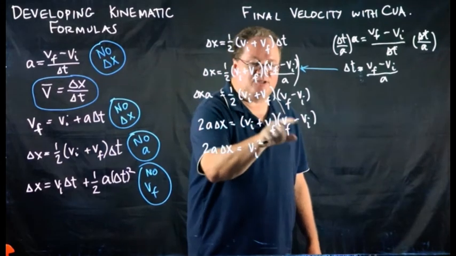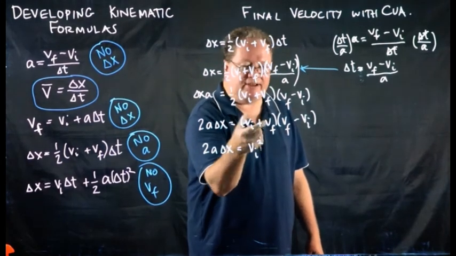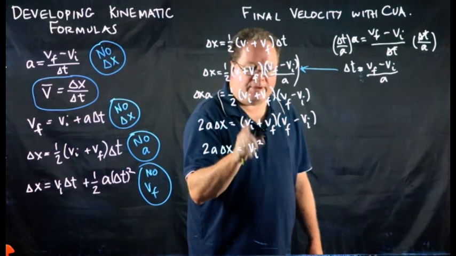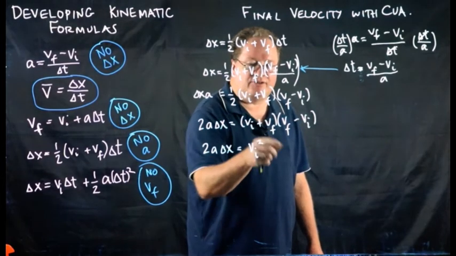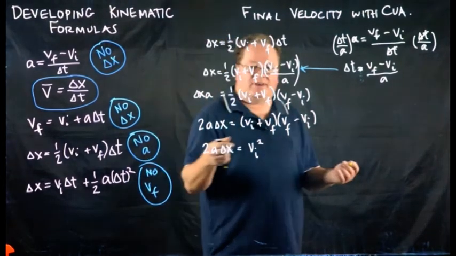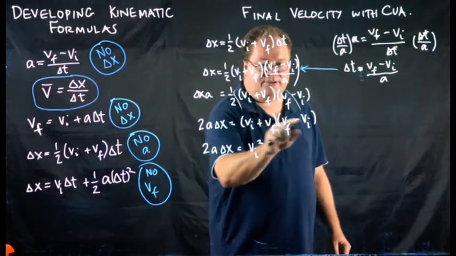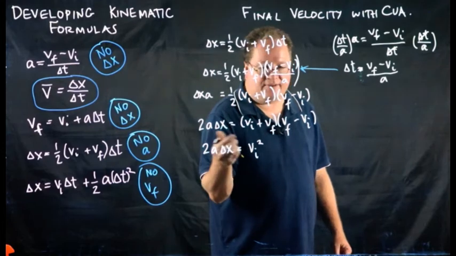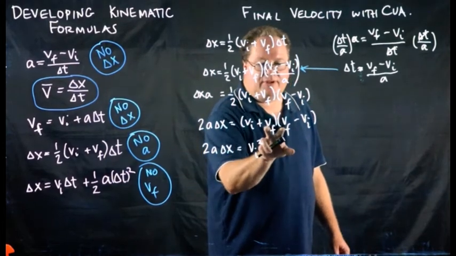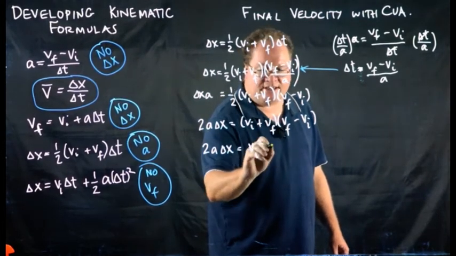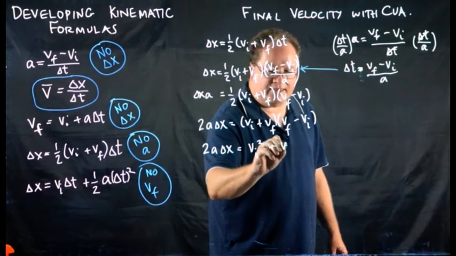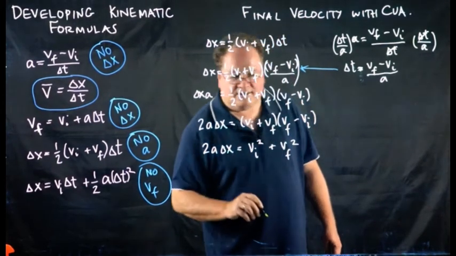Because it's plus and minus, you could flip these around if you want. Because it's plus and minus, the middle term gets knocked out. The vi times vf, if I do this, and then I do this, one's positive, the other's negative, it wipes out. Then finally I'm going to do this, which I basically see is going to be vf squared.